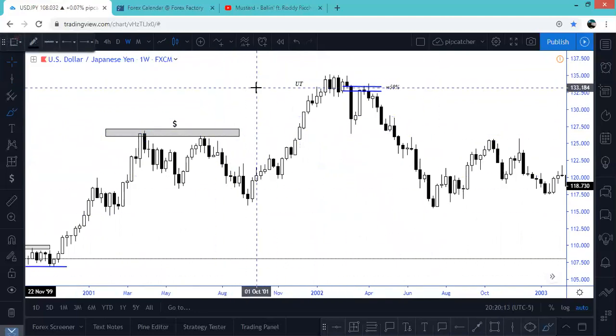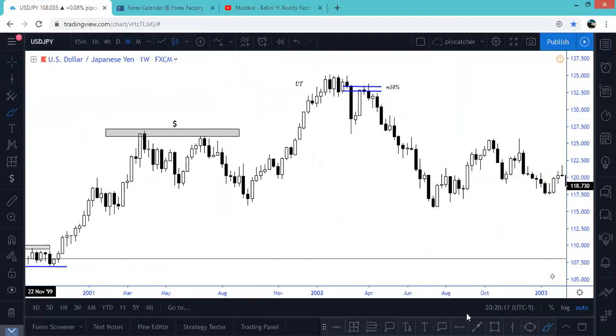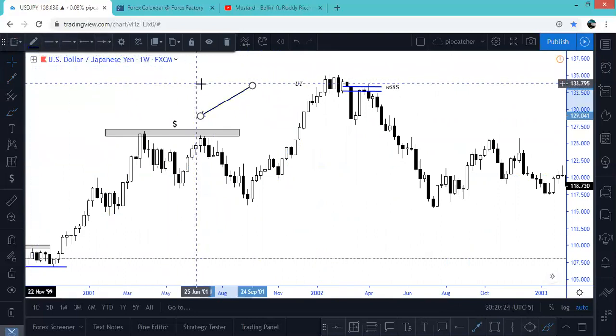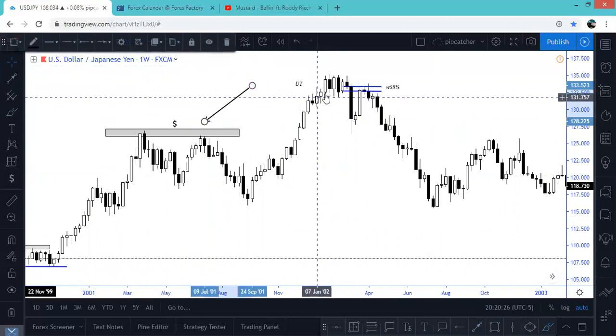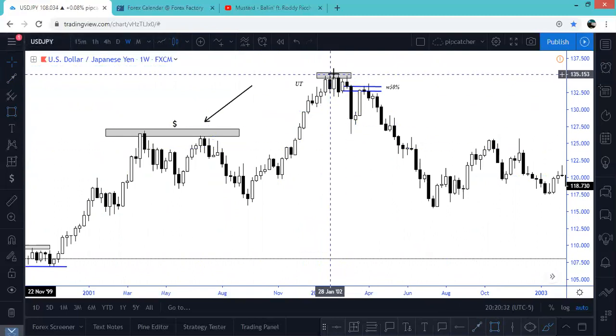So if we look over here, there's these highs that got violated, okay? What we see now, these equal highs right here did not.